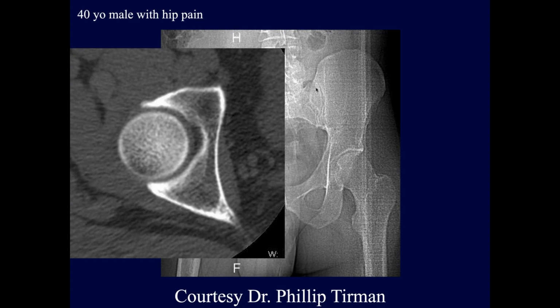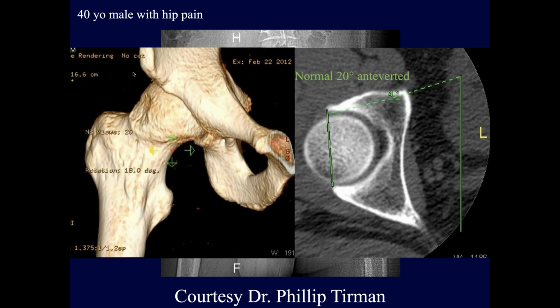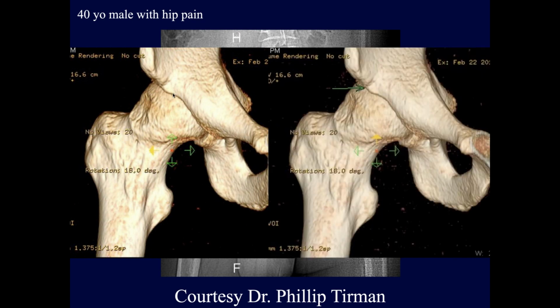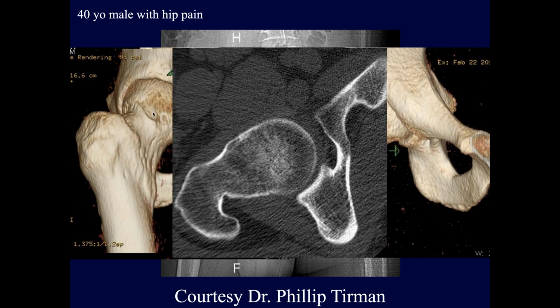If you look at this on CT, what you can see is increased prominence of the anterior superior acetabulum, which can have a bump here, which can lead to impingement on the femur. And the other thing that you can get with this would be the bump on the femoral side, which is something much more commonly discussed.